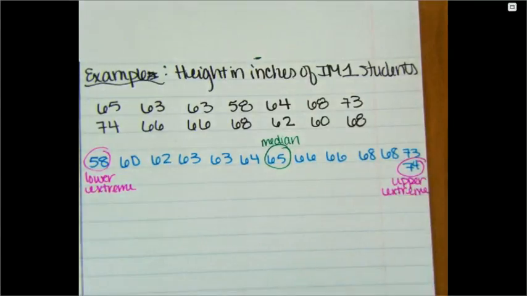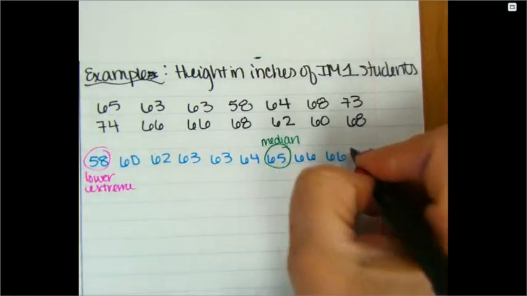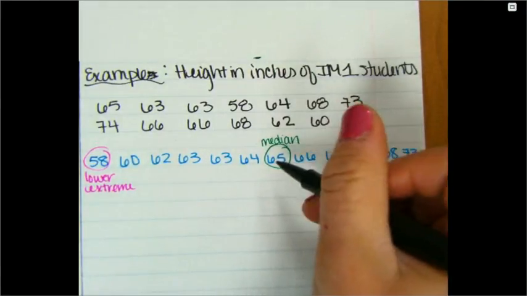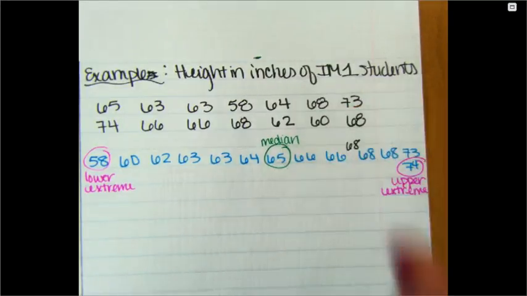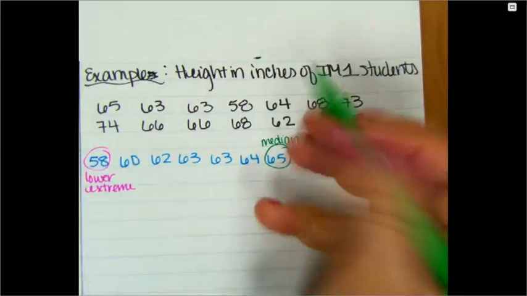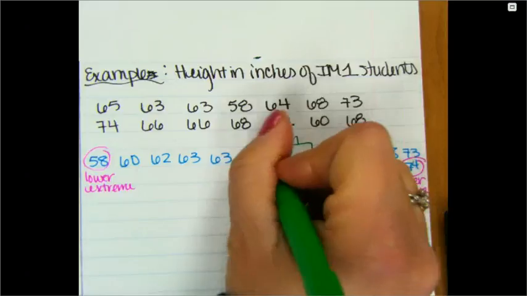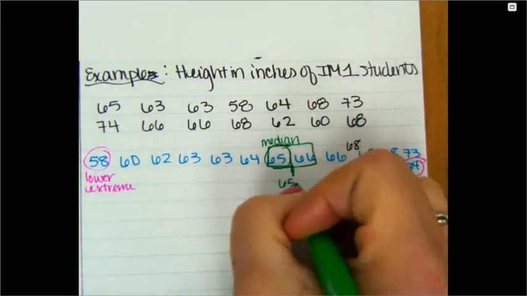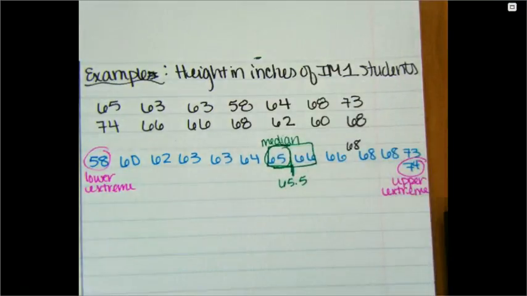We good? Oh, there's 65 and 66. So it should be between where? 65.5? So it should be right here? The median's actually here, which is 65.5. Okay. Thank you.